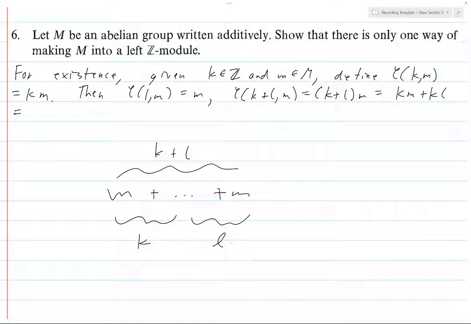I feel like I'm going to spend a lot of time here talking about obvious stuff. But you have to be careful, especially in these early exercises when you're getting familiar with the definitions. A lot of times you have to talk about very easy stuff as if it's not easy.